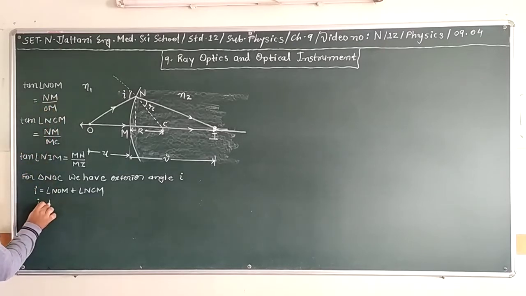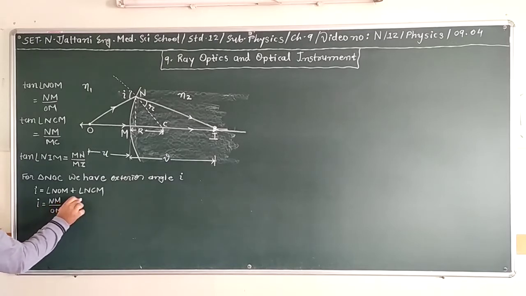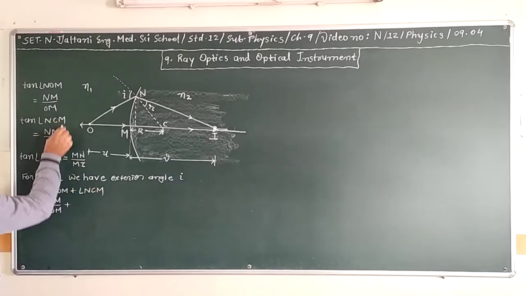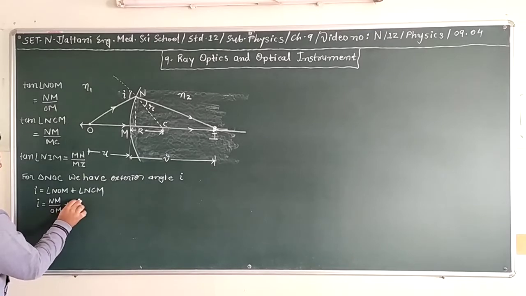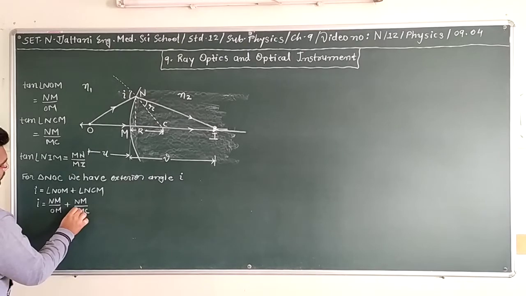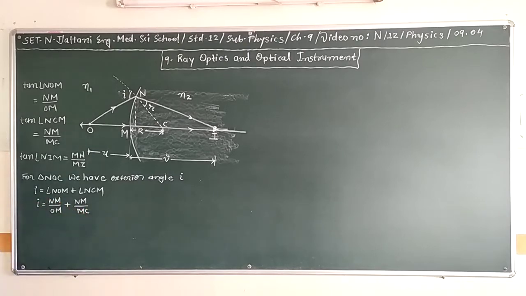So i is equal to NM upon OM plus NM upon MC. This is the formula for i.